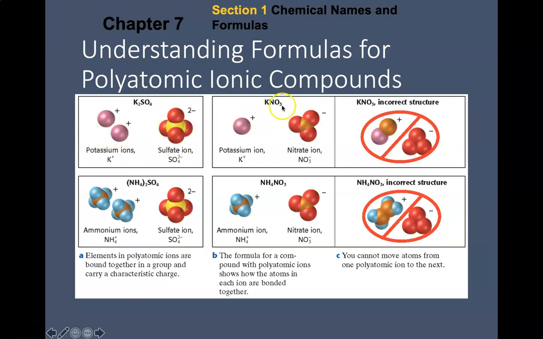Same thing with potassium nitrate. We're going to leave the potassium ion alone, or it can dissolve on its own and remove itself from the overall species, but nitrate should always stay together. In other words, we will never see the nitrogen just detach and leave the oxygens alone. In formulas, polyatomic ions are going to stick together. They're not going to break apart.